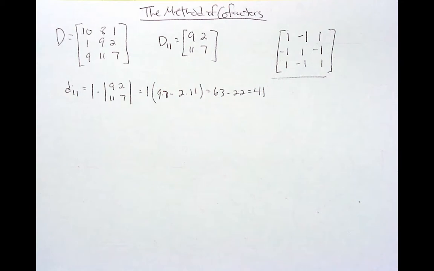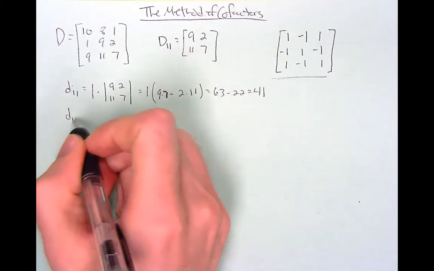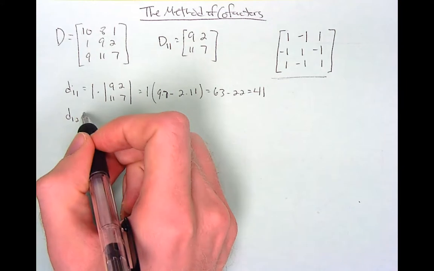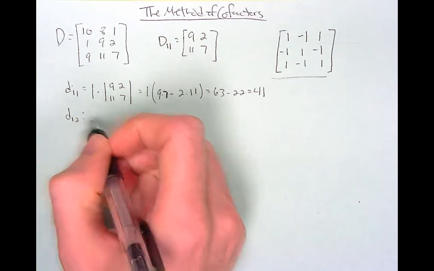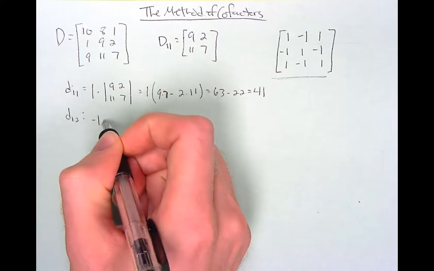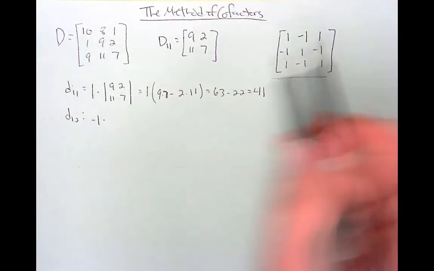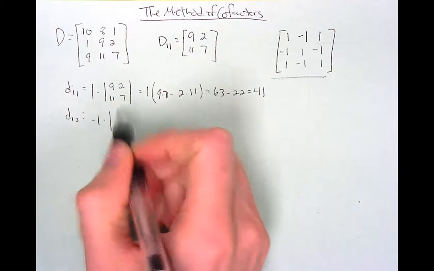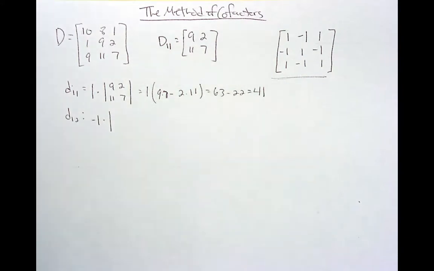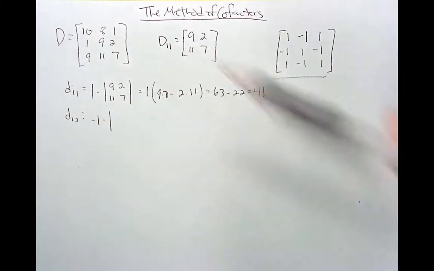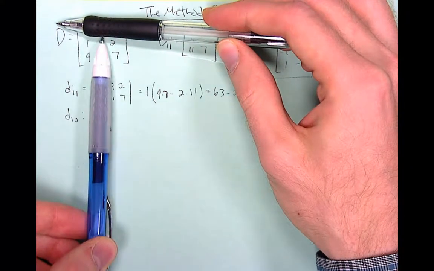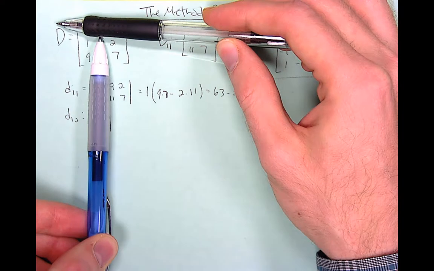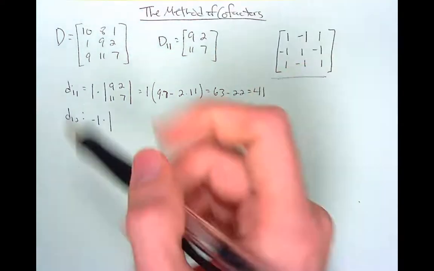So the cofactor for D12, that's 8 here, is negative 1, we get that from here, times the determinant of, well, we're working with 8, so we're going to eliminate everything in that row and everything in that column, and we're left with the minor, which is 1, 2, 9, 7.